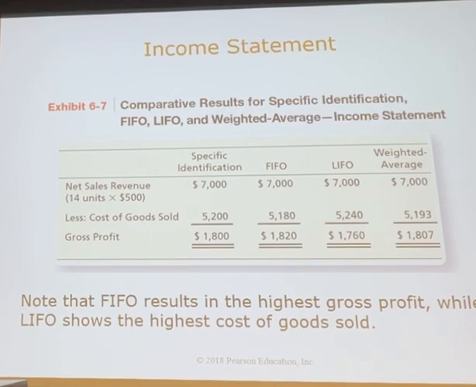So companies that are conservatively managed and really want to maximize their cash flow tend to like LIFO. On the other hand, companies that want to impress their shareholders by reporting the highest possible net income on their income statement, regardless of the cash flow effects, they will tend to choose FIFO.